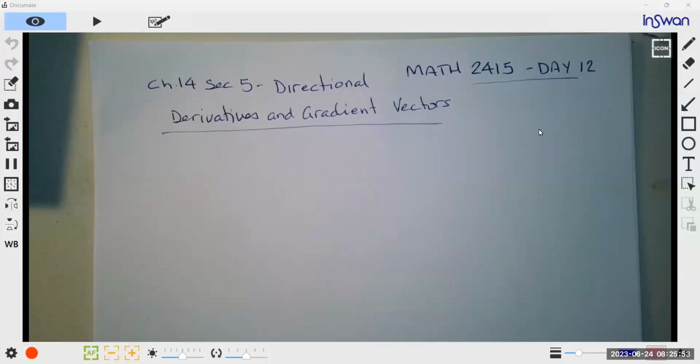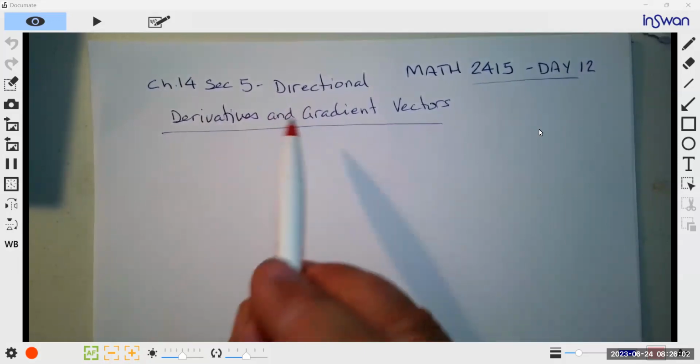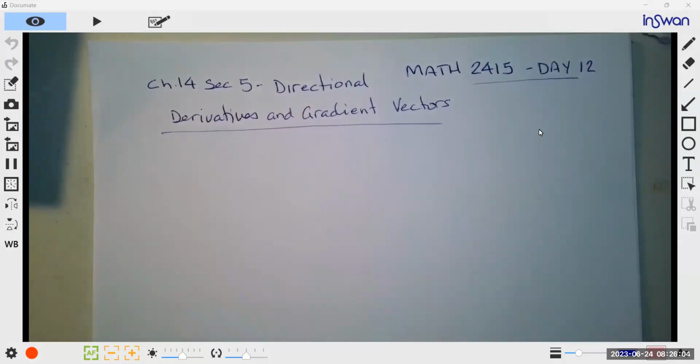Good morning, everybody. In this section of Calculus 3, we're going to talk about Chapter 14, Section 5, Directional Derivatives and Gradient Vectors. Basically, all we're doing here is involving vectors in our derivatives. When you involve vectors, you give the derivative a direction.